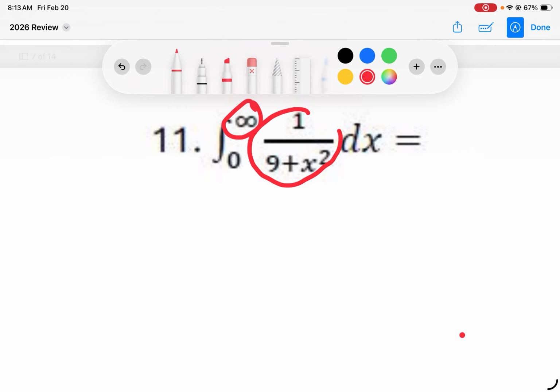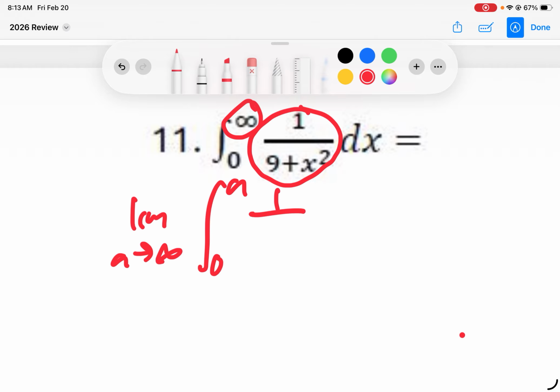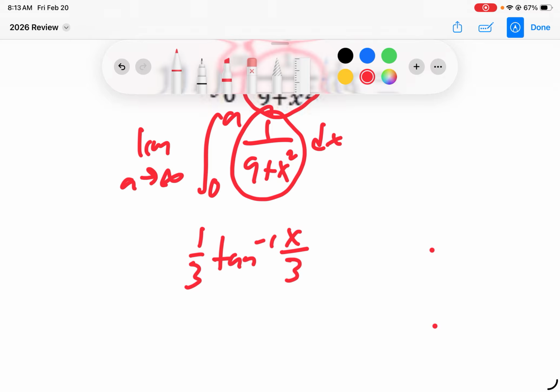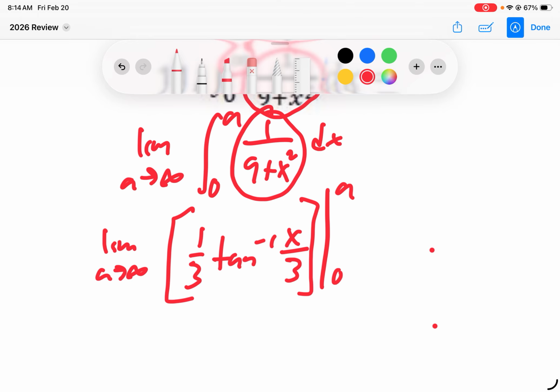I'm going to write this as the limit as a goes to infinity of the integral from 0 to a of 1 over 9 plus x squared dx. I recognize that the antiderivative of this is 1/3 tangent inverse of x over 3, because you know that little formula. And this is the limit as a goes to infinity, evaluated from 0 to a.